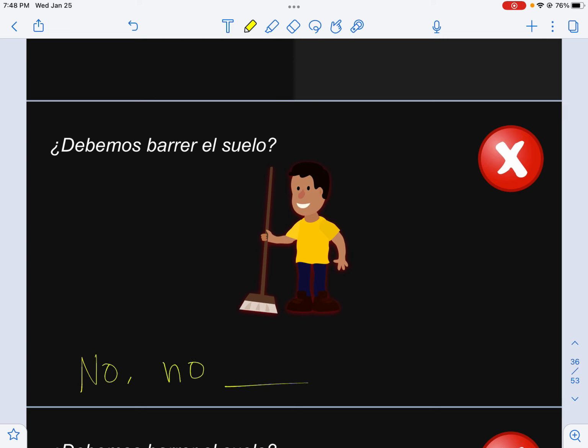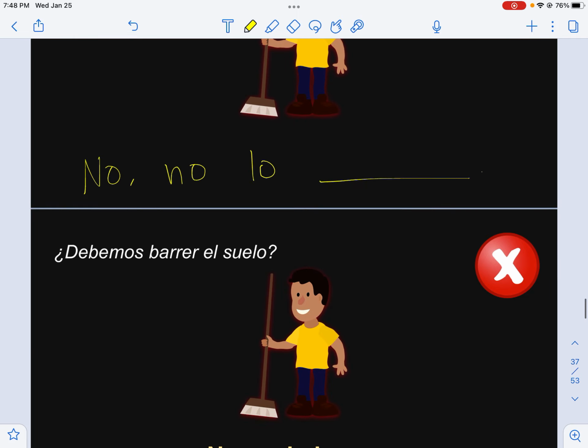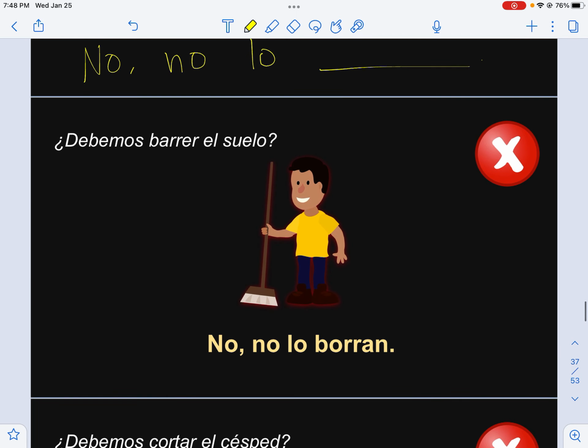No pronoun. I guess. No pronoun. Verb, period. Debemos barrer el suelo. Gives us a lo. No. Lo. And then barrer goes barren. So no. Oh, sorry. Man, that's wrong. Borrar is erase.